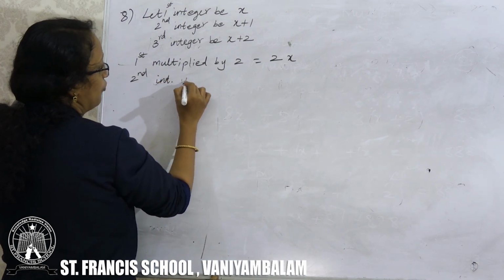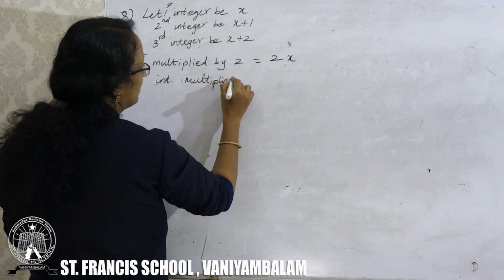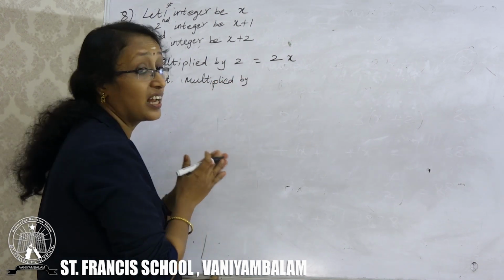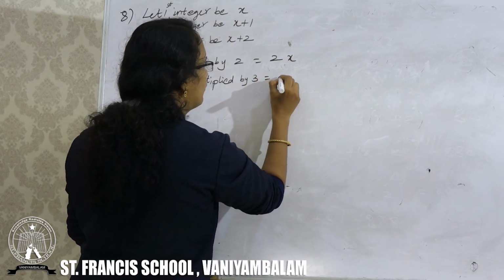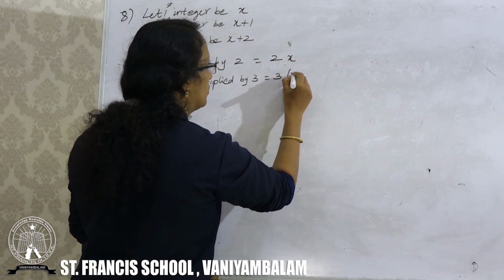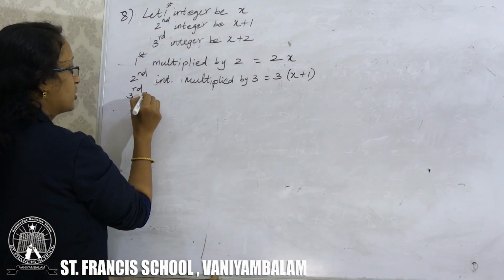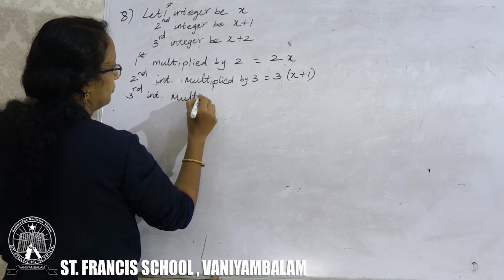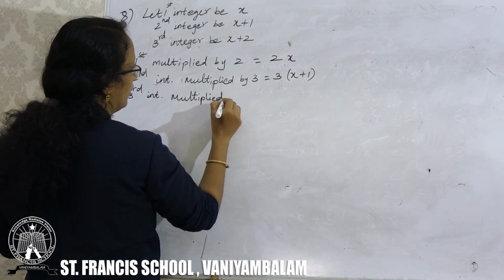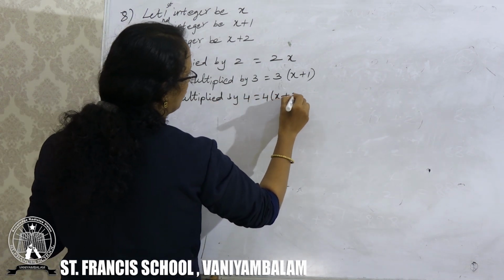The second integer is multiplied; all three integers are multiplied in increasing order by the numbers 2, 3 and 4. So the second integer is multiplied with 3, and the third integer is multiplied by 4, so 4 into x plus 2.